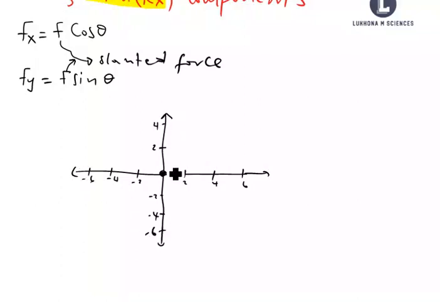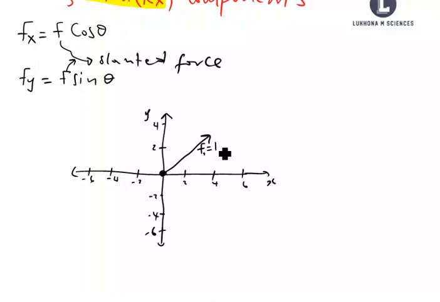Remember we were dealing with forces that are on the axes, that is the y-axis and x-axis. But in this case, you are given a force that is between the x-axis and y-axis that acts on an object. They say this one is force 1.